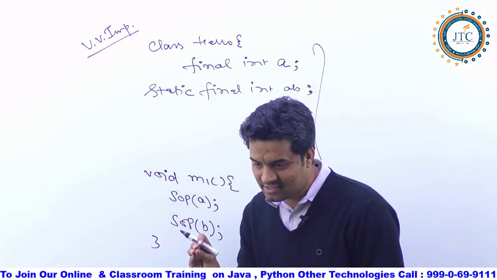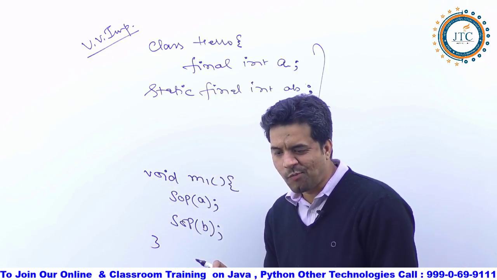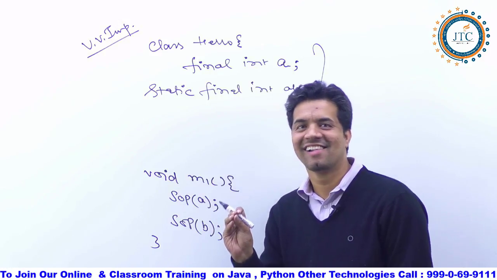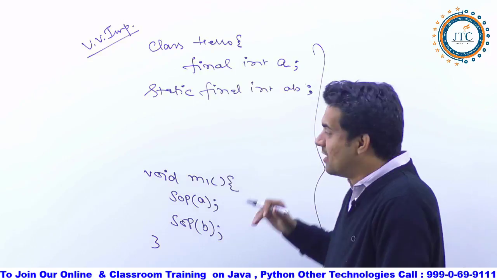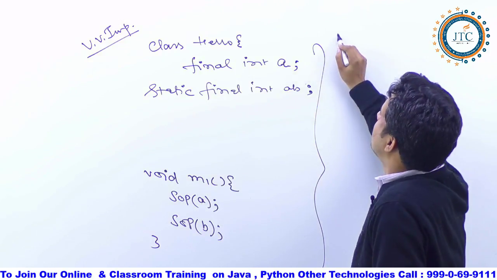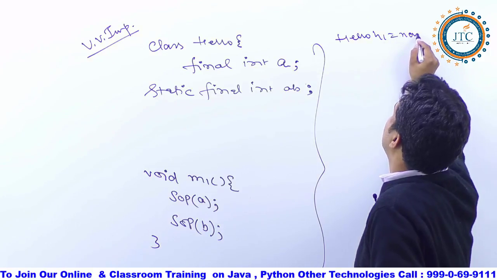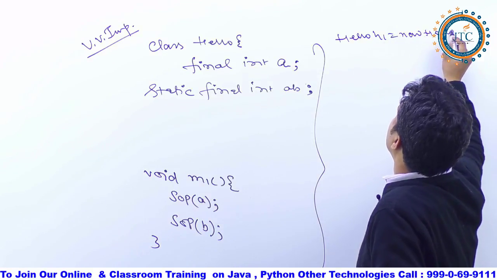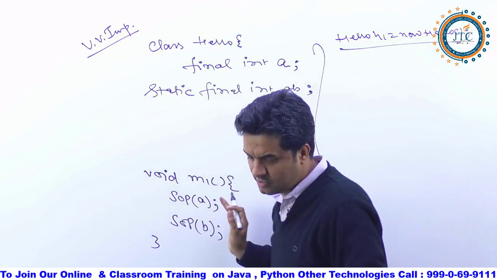Just concentrate on this, because the question is that if I call this m1 method, let's say I'm creating one object here, h1 is equal to new hello. This is a very important question, friends. Very important question, guys.